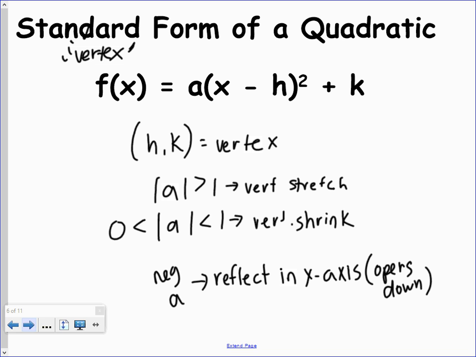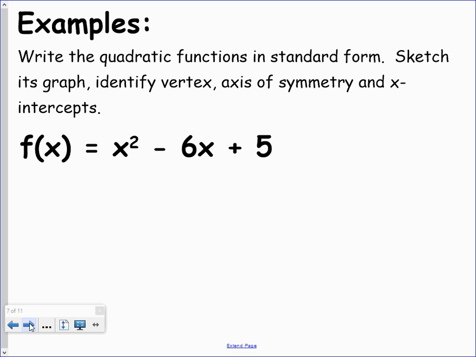Does opposite of B over 2A ring a bell to anyone? Yeah. So you have methods of finding the vertex and the axis of symmetry and all of these things for the old version. But we're going to push ourselves to always make sure we're in this form before we complete a problem. This method of getting it in this form is going to be super helpful later on in the year.